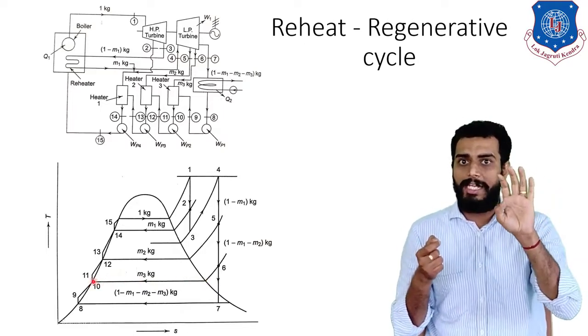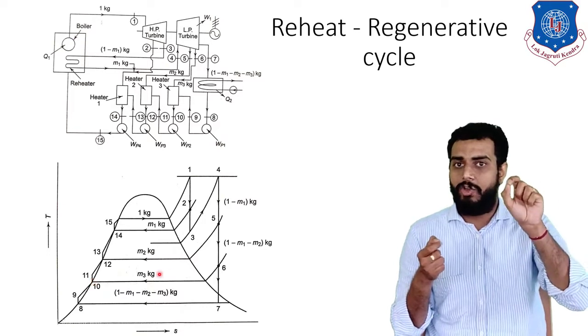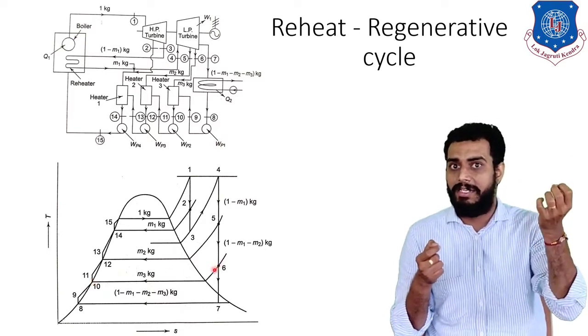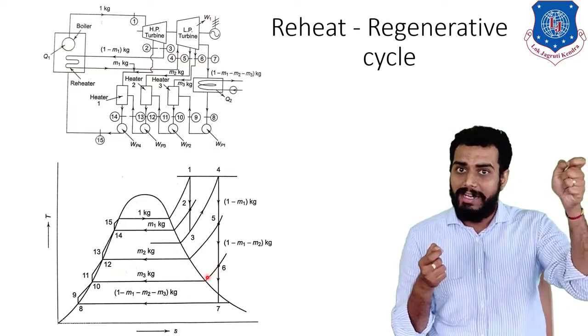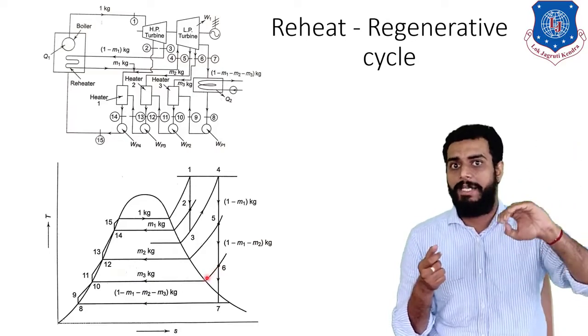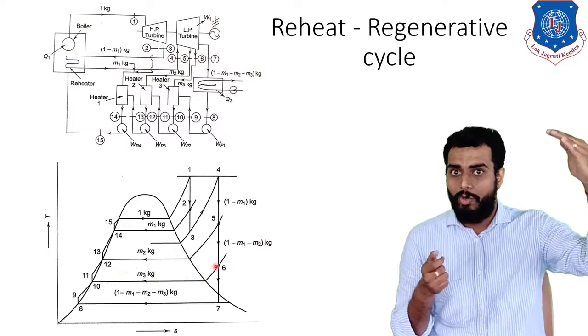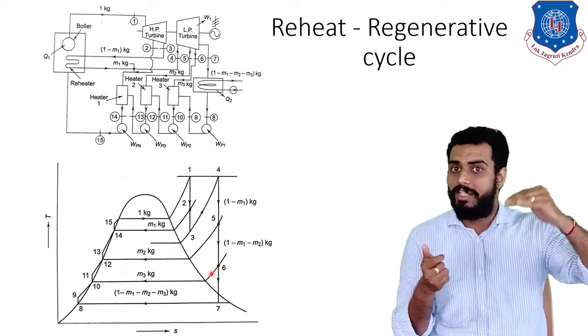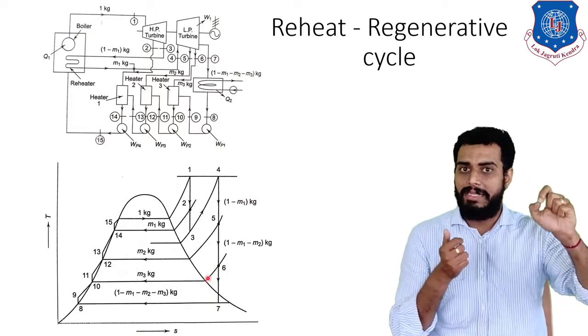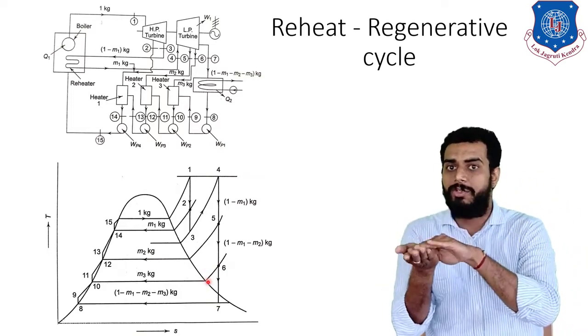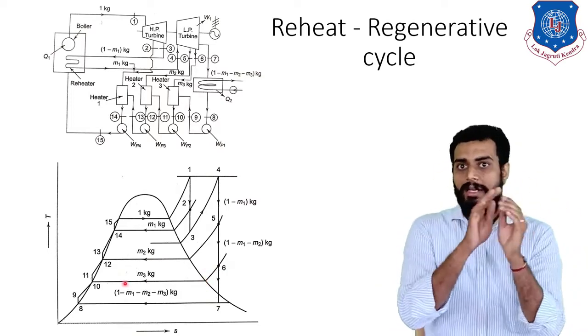I hope you are getting my point, that M3 kg of steam is extracted at the intermediate stage of the lower pressure turbine. So that steam is de-superheating. That means you are decreasing the temperature of the steam from 6 to the saturation temperature, and then you are converting the steam into water, right?